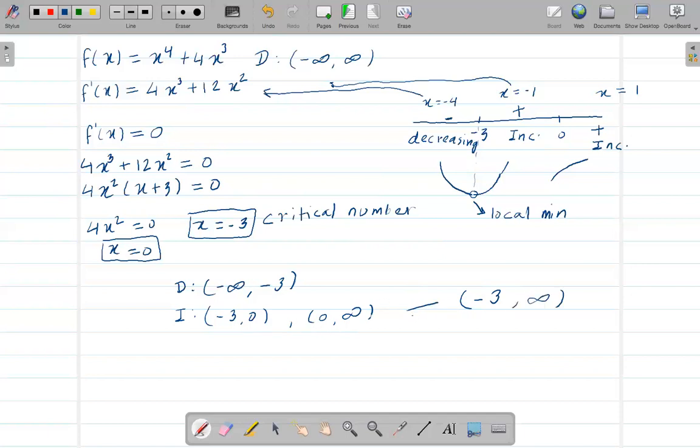No, you can't do that, because even though I said the graph is increasing for both, I don't know the exact graph, but maybe it will be increasing and again increasing, something like this. Here it looks like this is concave down, this is concave up. So you cannot just combine these into a single interval. You have to write two separate intervals.